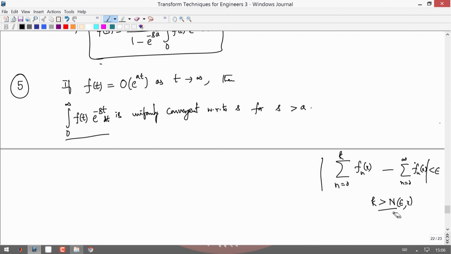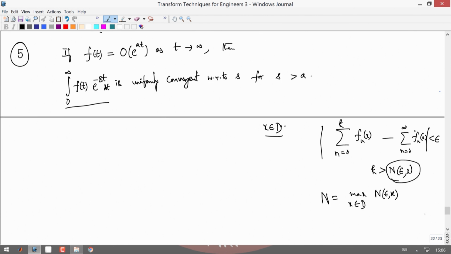So, if I can find such an n for every x value, wherever x belongs to some domain D, if you have a maximum value of n epsilon for x belonging to D, then this is your big number.